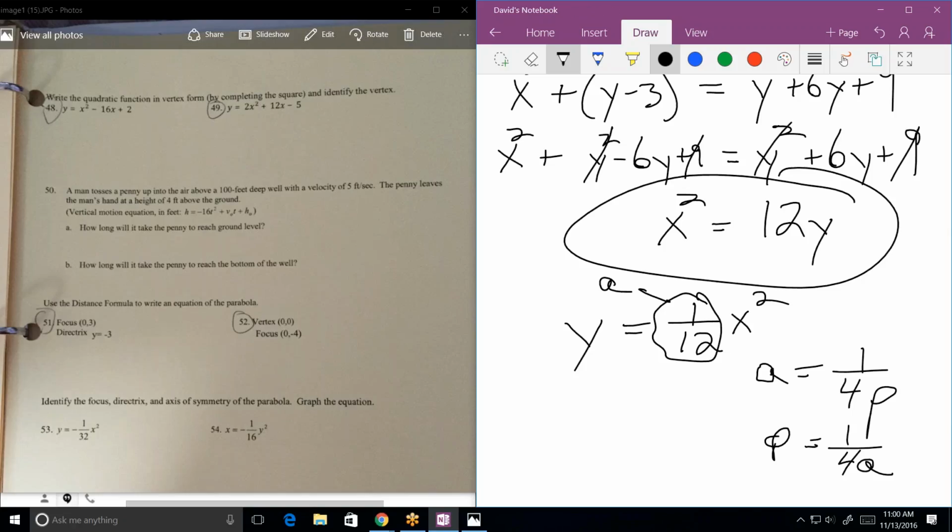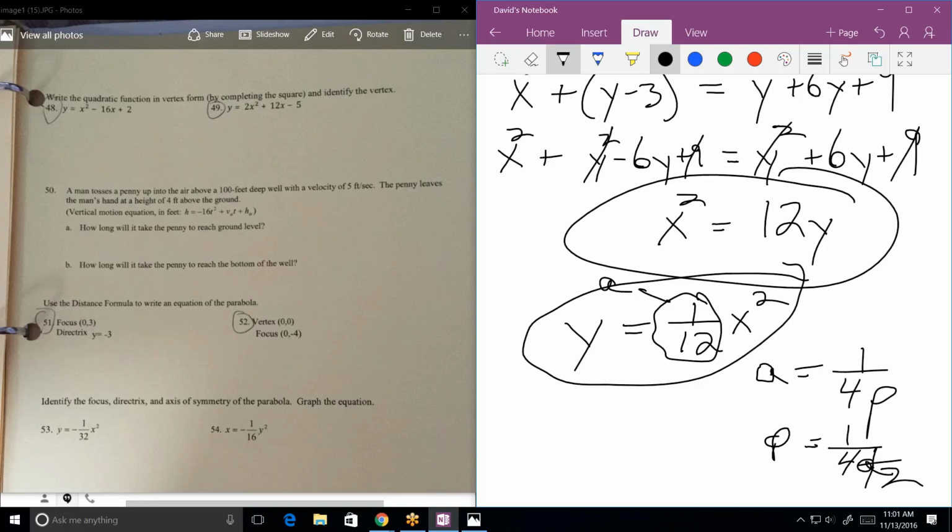So by writing it in more standard format, vertex format, you can still figure out the focus. And if I let p be 1 over 4a, then I end up with 3, and I know that that's correct. They've given us the focus, so I know it's got a length of 3.